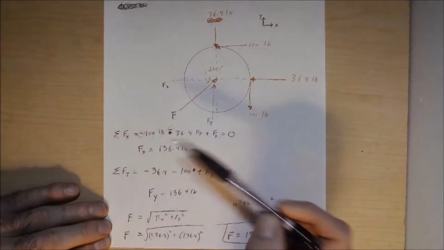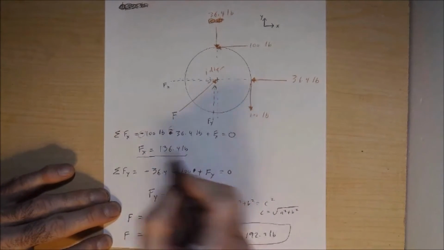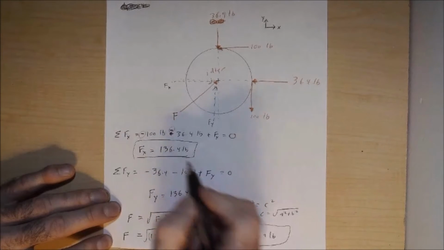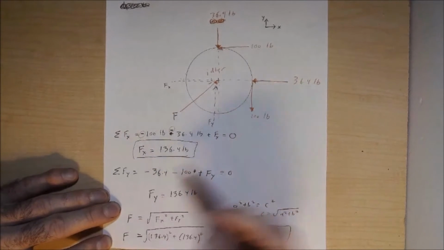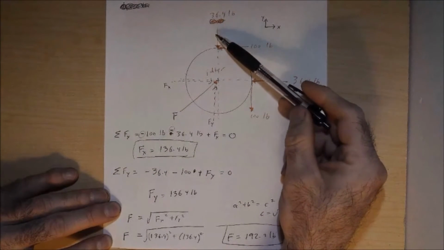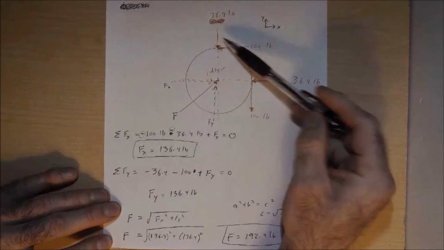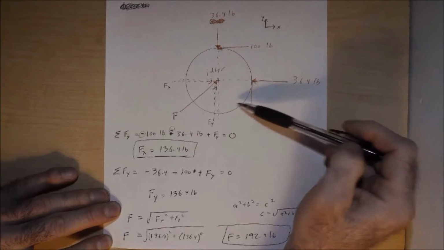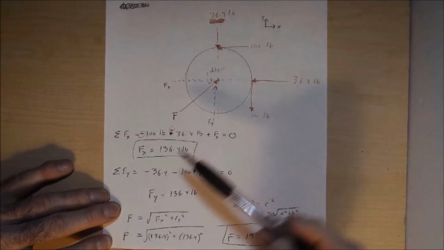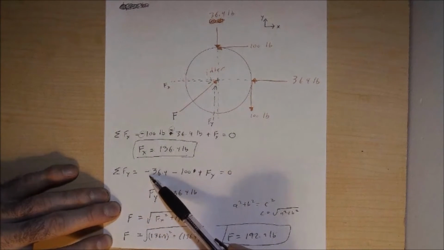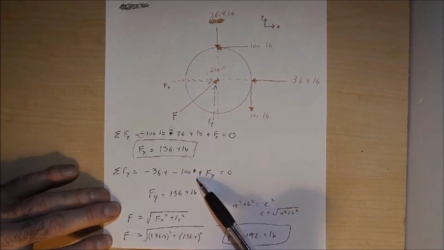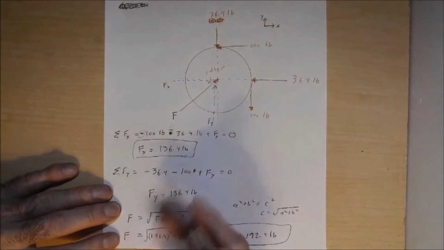Solving for Fx, Fx is equal to 136.4 pounds. Do the same thing in the y direction. I go back up to my free body diagram. I have a negative 36.4, a negative 100 here, and a positive Fy there. So the summation of forces in the y direction is negative 36.4 minus 100 plus Fy equals 0. Solve for my Fy.